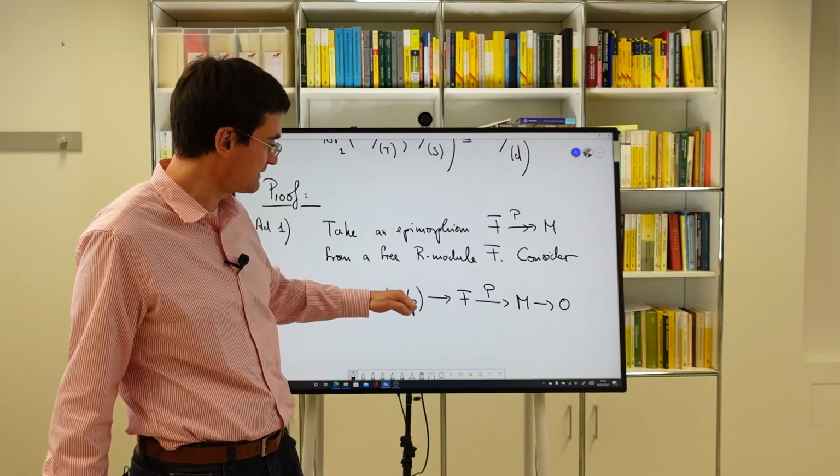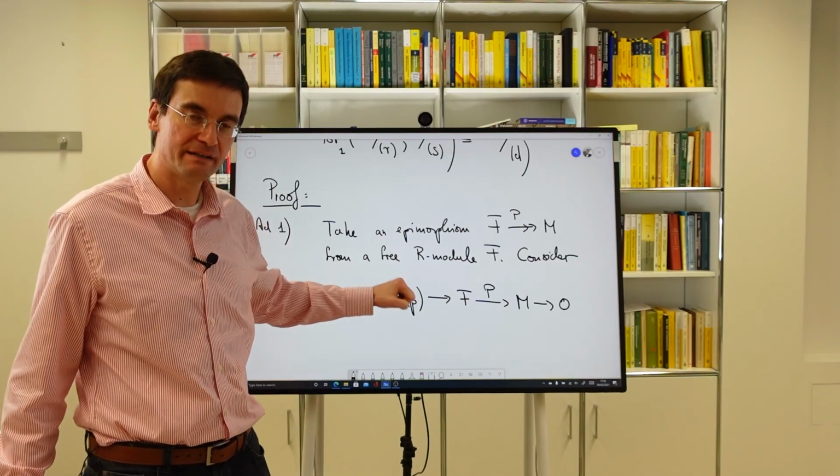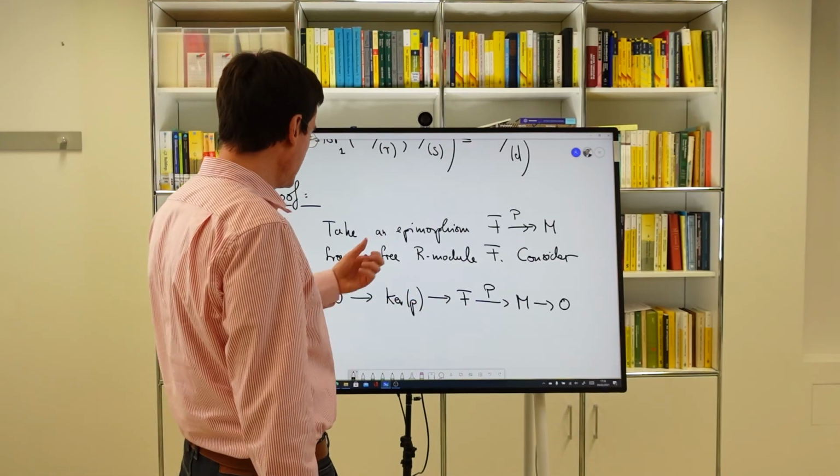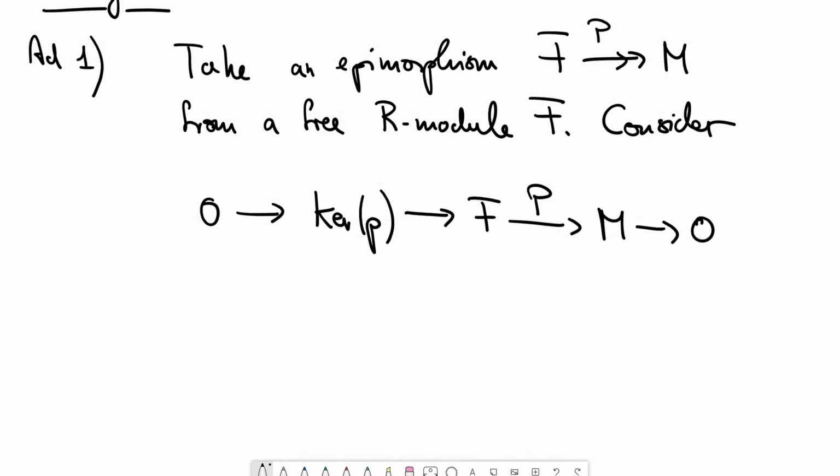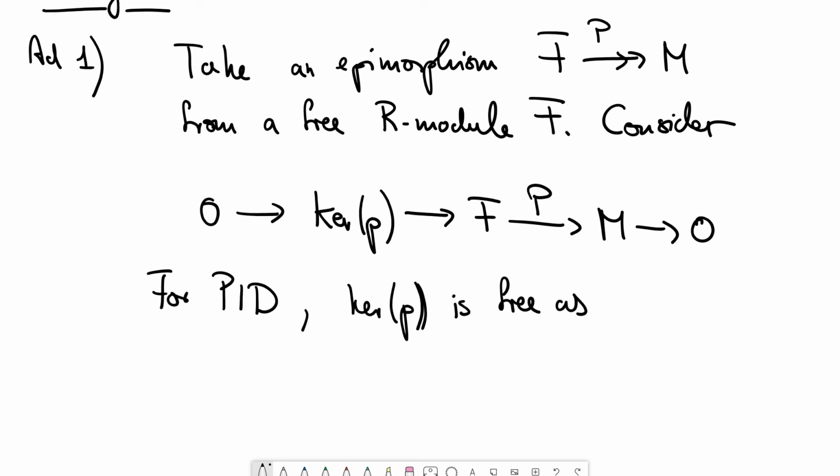We could take this kernel as the next step in the projective resolution. And this is what happens for principal ideal domains. For principal ideal domains, a submodule like the kernel of P is free as a submodule of a free module.